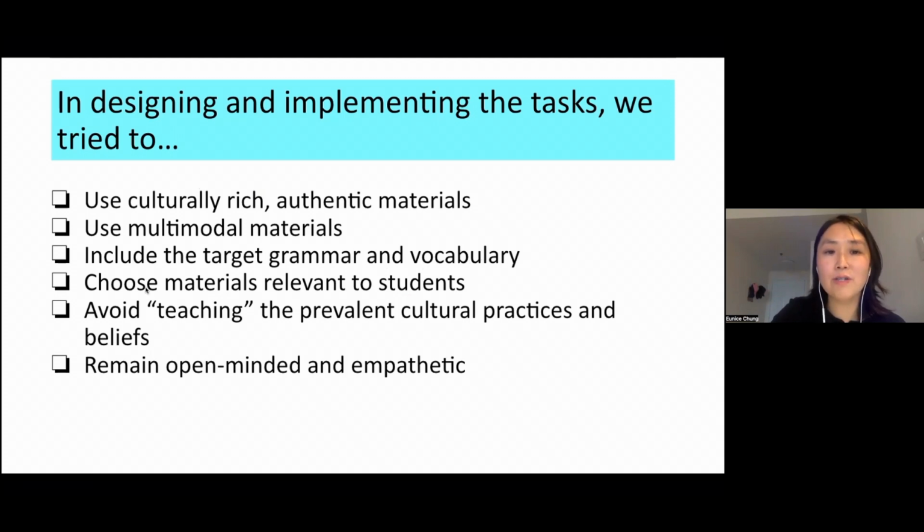And fourth, we choose materials relevant to students because that's more interesting to the students. And then next, we try to avoid teaching the prevalent cultural practice and symbols and leave it open so that they can critically analyze. And we remain open-minded and empathetic.